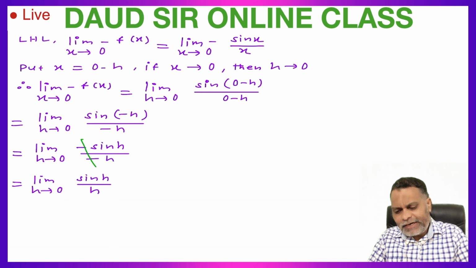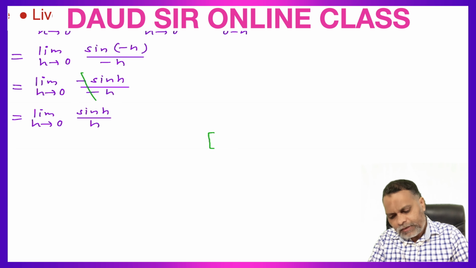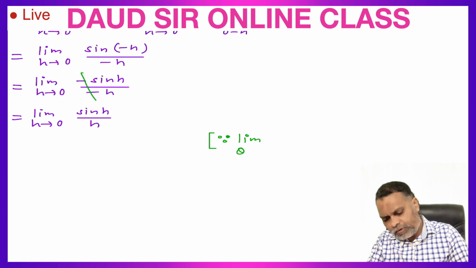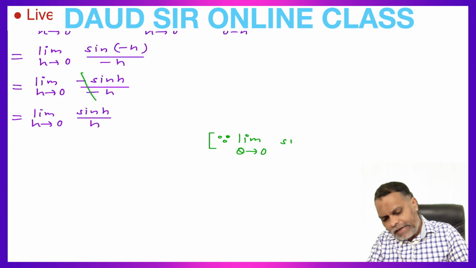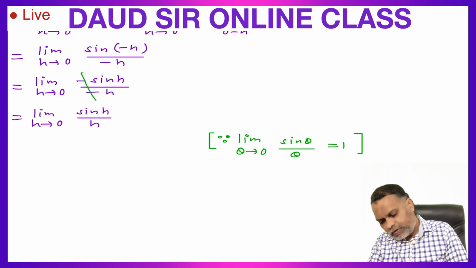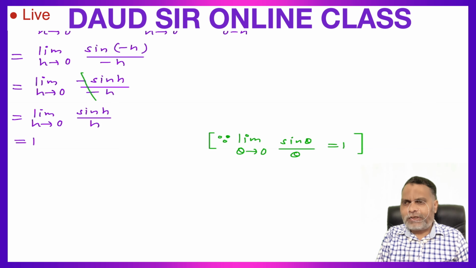Now we have the limit, since limit theta tends to 0 sine theta upon theta is equal to 1. Use this limit. Here theta is equal to h, so this is 1. Limit h tends to 0 sine h upon h is equal to 1.